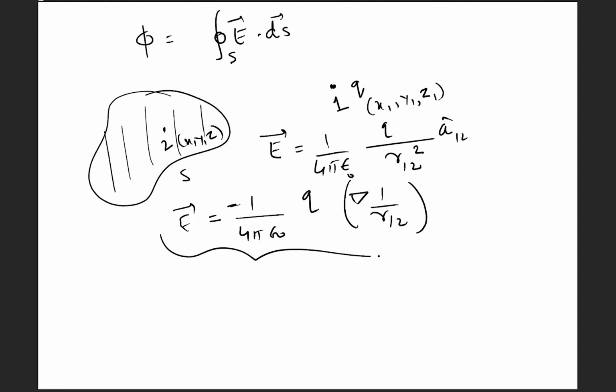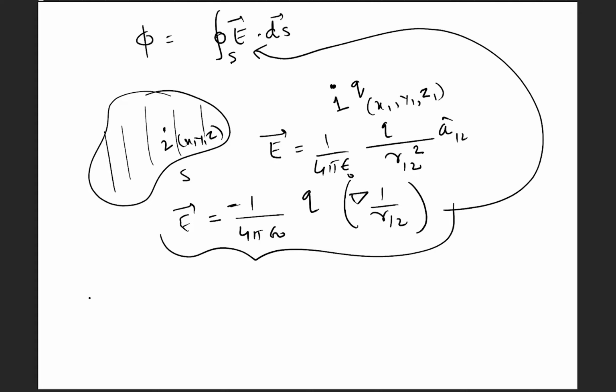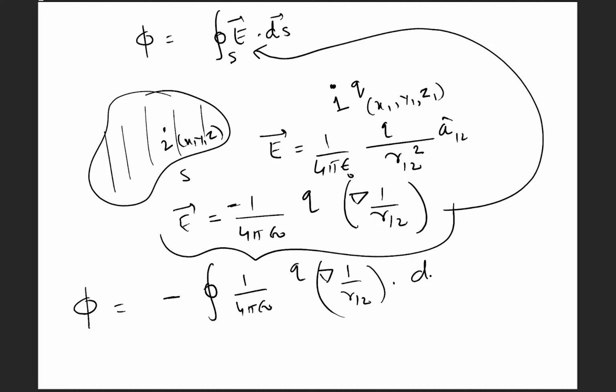So you see that E can be written like this, and we can put it in this. So phi can be written as minus of 1 by 4 pi epsilon naught q del 1 by r12 dot ds.